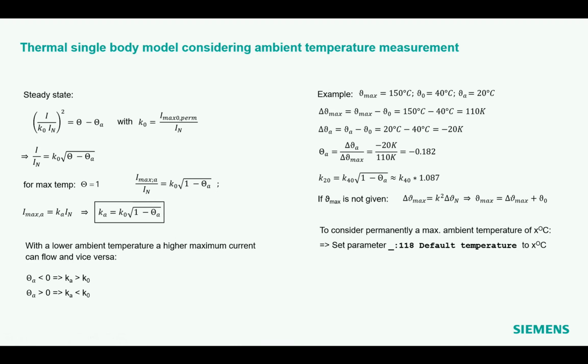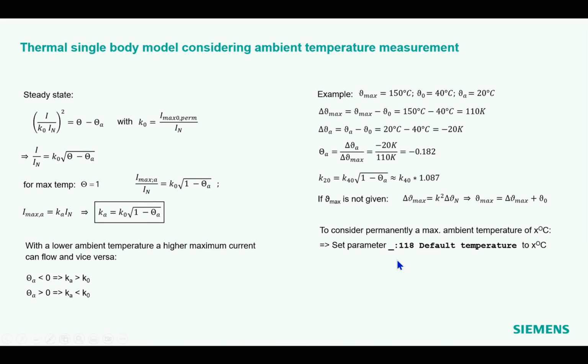No, because if we have this situation and you know your motor will never reach the 40 degrees and you will profit from this additional temperature margin, then you can use the K factor for 40 degrees. And then we have a setting called default temperature, and you set this default temperature to the 20 degrees Celsius here.